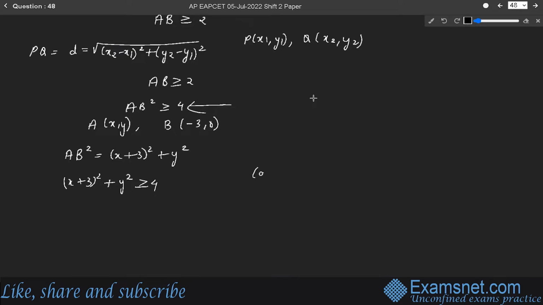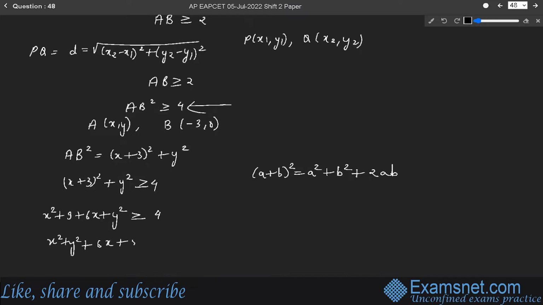Now, we know that a plus b whole square is equal to a square plus b square plus 2ab. On using this formula, it becomes x square plus 9 plus 6x plus y square is greater than or equal to 4. So it can be written as x square plus y square plus 6x plus 5 is greater than or equal to 0.